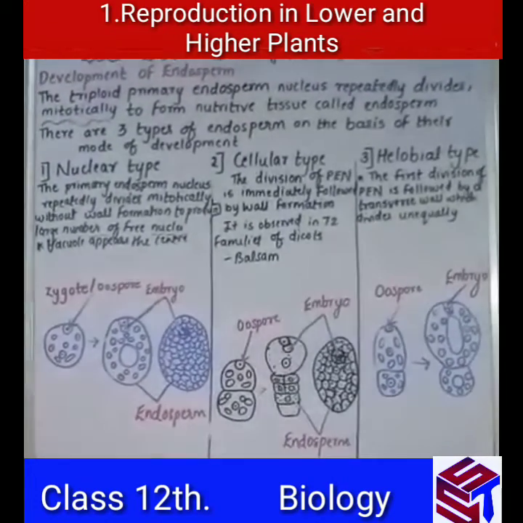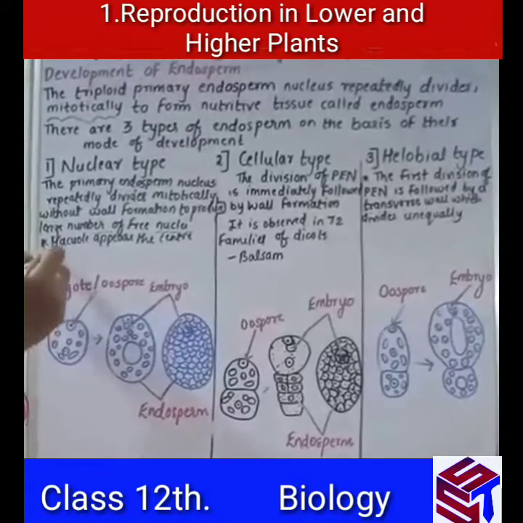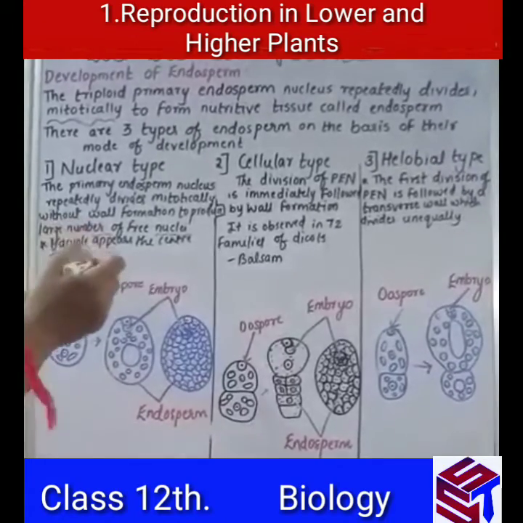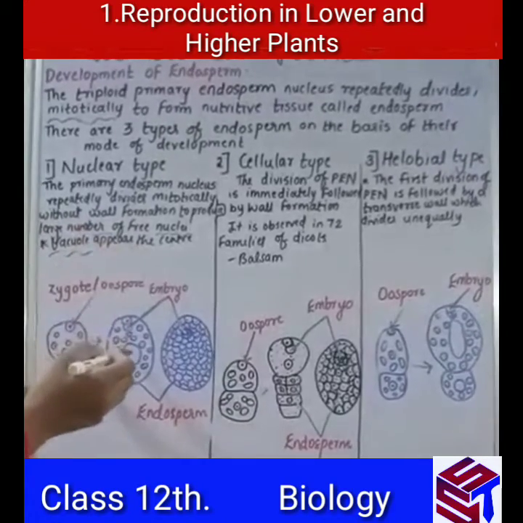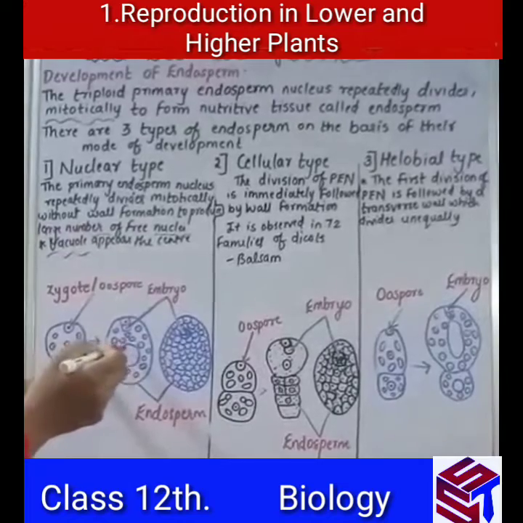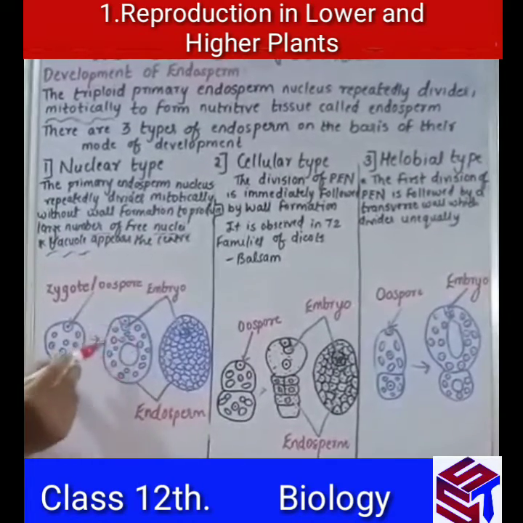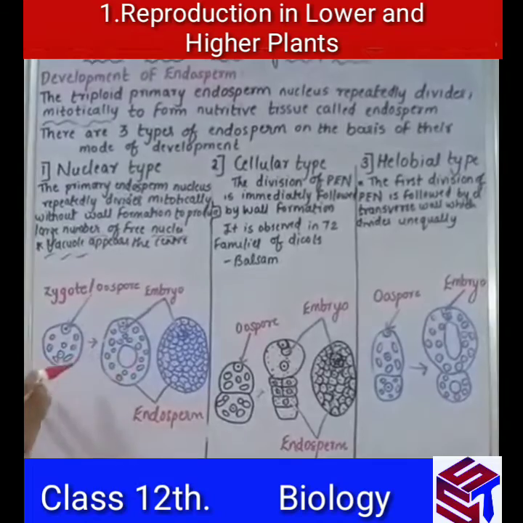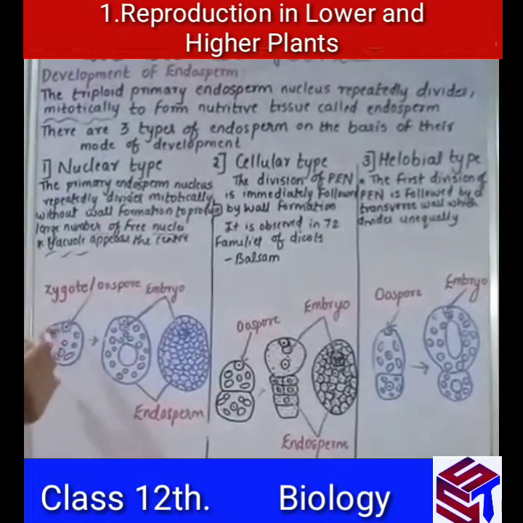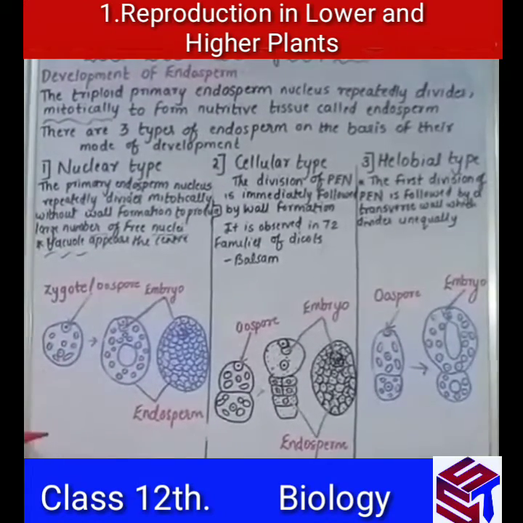What happens here is that a vacuole appears at the center and this vacuole pushes the embryo towards the periphery. First there was the oospore, which we got at the first fertilization.